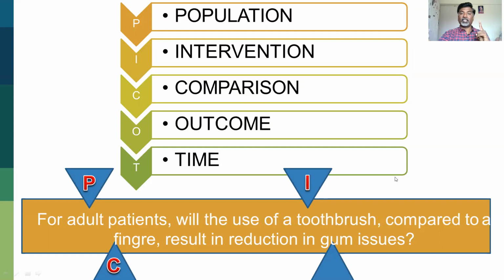I am going to check the efficiency of toothbrush and finger while applying, we can say, paste to our gums. What affects more? So this is my title. In my title, the title should give information about population, intervention, comparison, and outcomes. In this fashion, you have to formulate your research topic.